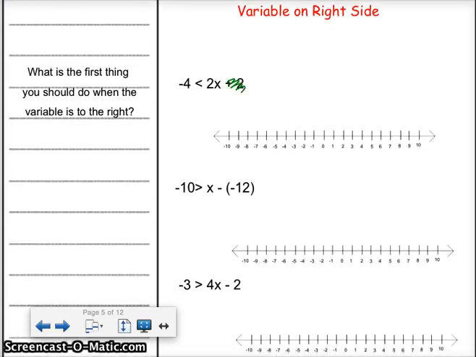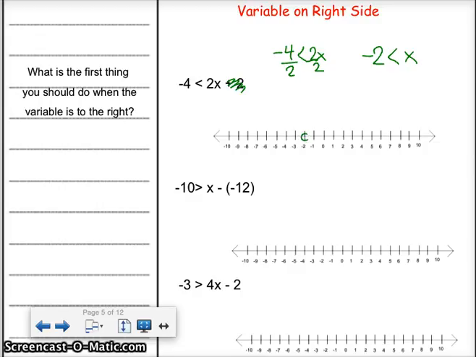Just cross out this 2 because that is next unit. So I really have -4 is less than 2x. Notice my variable's on the opposite side. So how do I move that 2? Divide by 2. And I get -2 is less than x.